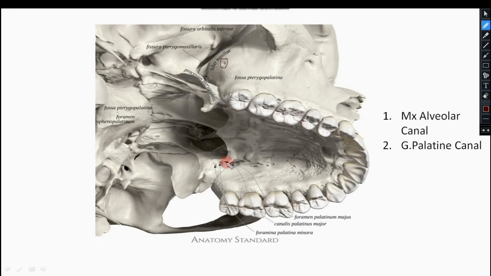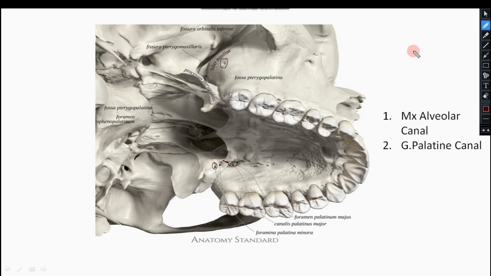Just deeper to this area is the greater palatine canal, and it has two openings for the exit of the arteries. One is the greater palatine artery from here, this foramen is the greater palatine foramen, and for the lesser palatine artery it is here.